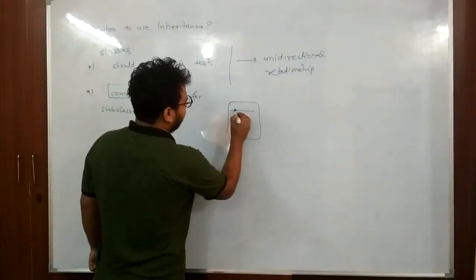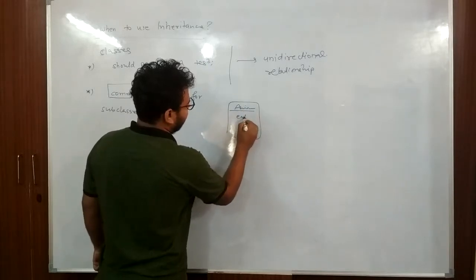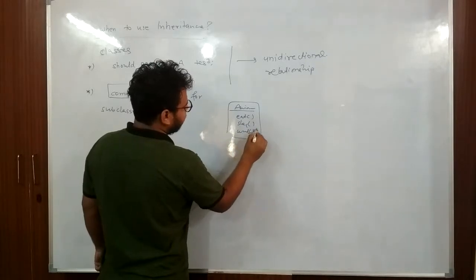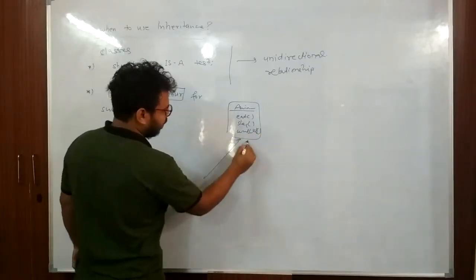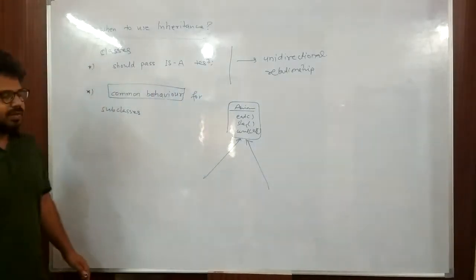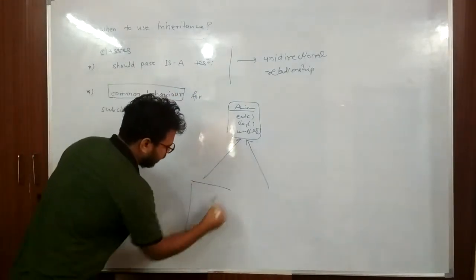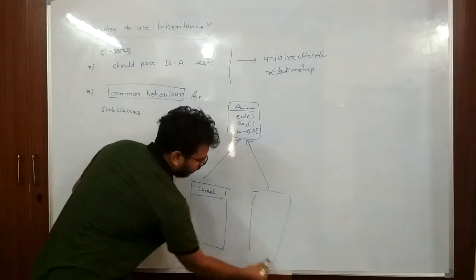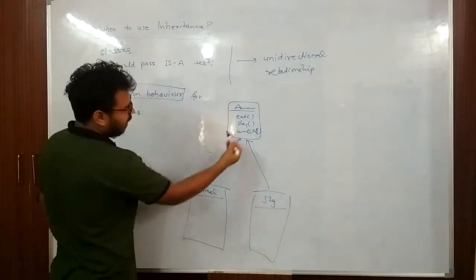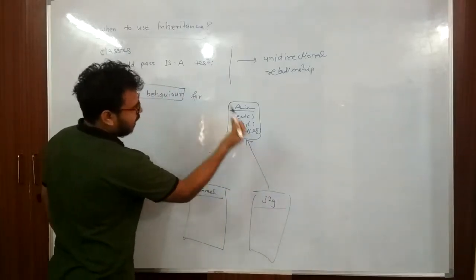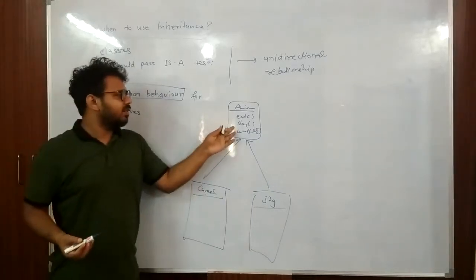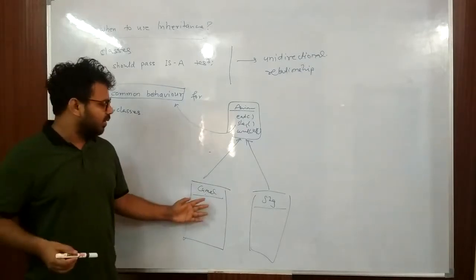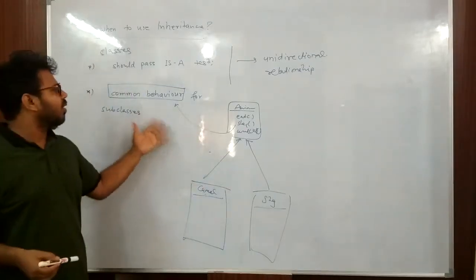Here we have the animal class with the eat, sleep, and walk methods. Then we have our camel class and our stag class. Now camel extends animal and stag extends animal. These three methods are common behaviors, common to both camel and stag. So we can go for inheritance.